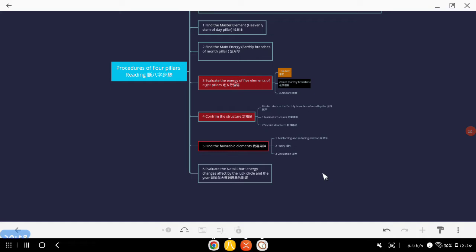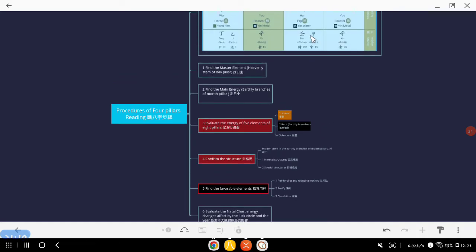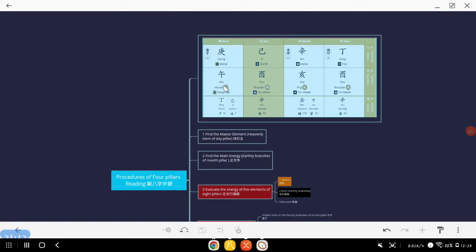But if one 8 pillar has cold and has hot, for example with the elements here, we can say that this 8 pillar is very cold, right? Because it's born during the winter. We have metal which is cold, water which is cold, and it has a fire. Fire is hot.